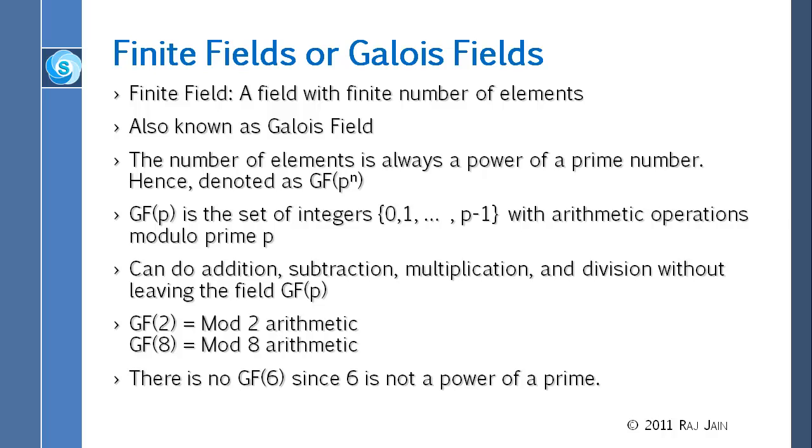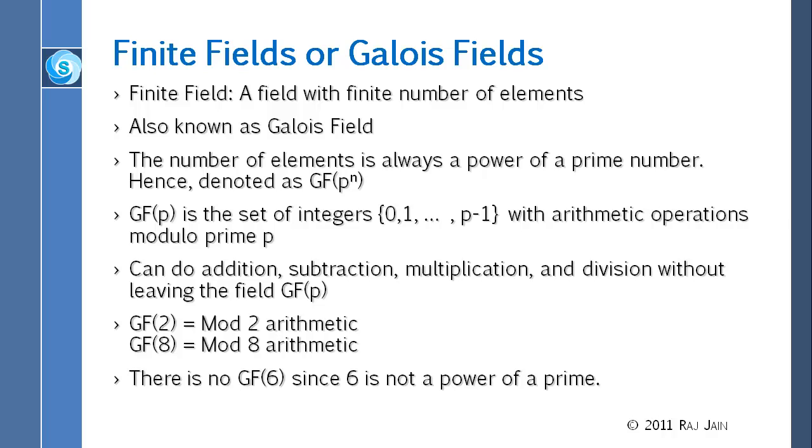So if n equals 1, then GF(p) is the set of integers with arithmetic operations modulo prime p. You can do addition, subtraction, multiplication, and division without leaving the field GF(p). If it is a field, then you can do all of these operations. GF(2) basically has 2 members, 0 and 1.